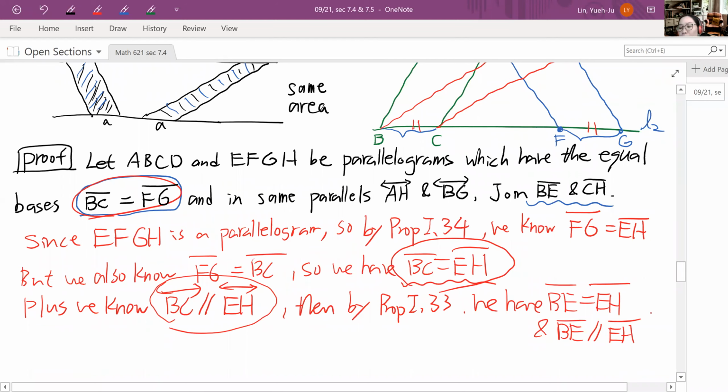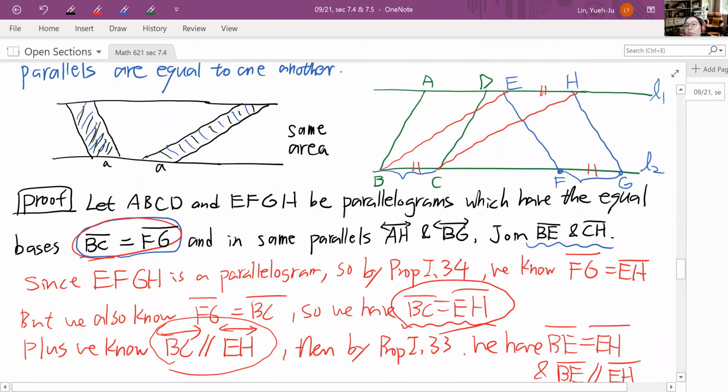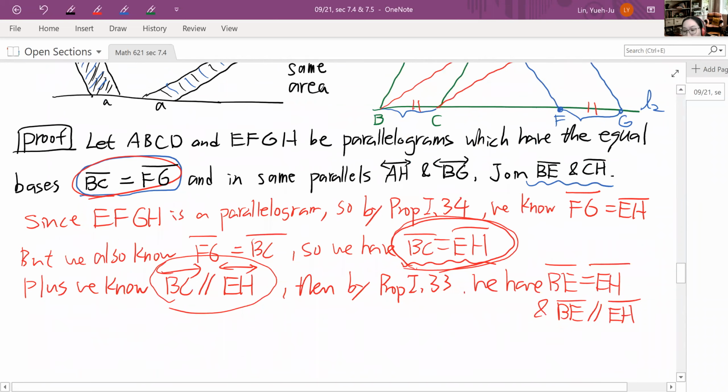After using 1.33, that's when I know that this shape BCHE is a parallelogram. Before, I only knew BC is parallel to EH. But since I also know BC is equal to EH, I can use proposition 1.33 to say that the opposite pair are also equal and parallel.